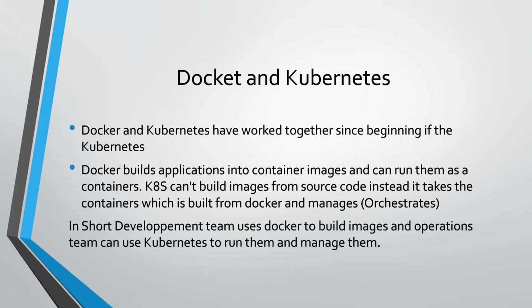After that, taking the images, running containers and managing those containers is the job of Kubernetes. In short, the development team uses Docker to build images, and the operations team uses Kubernetes to run and manage them.